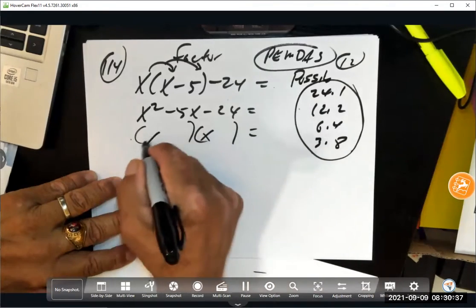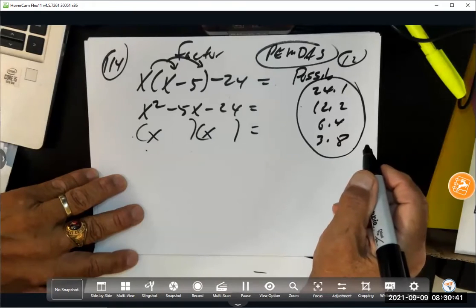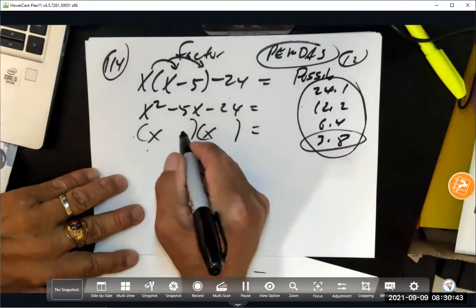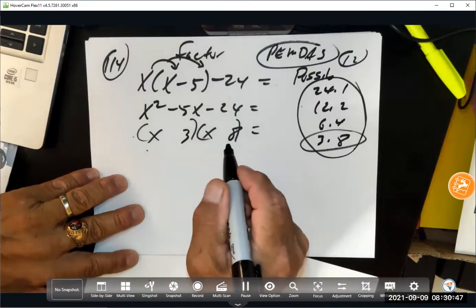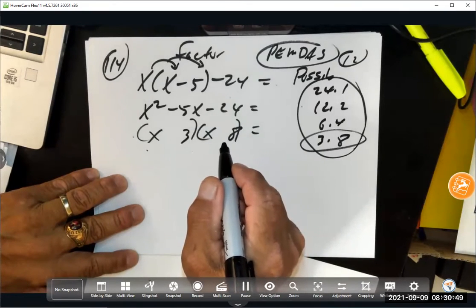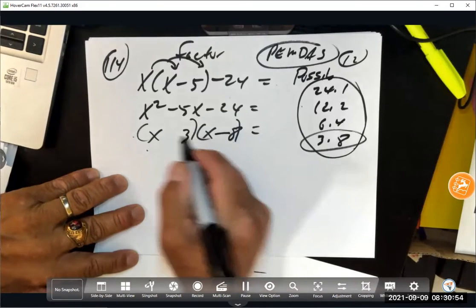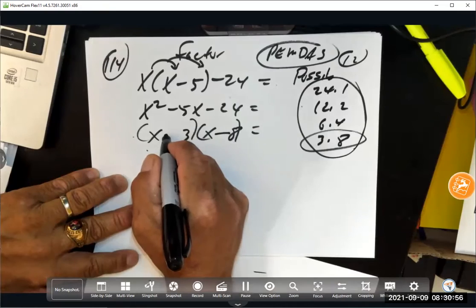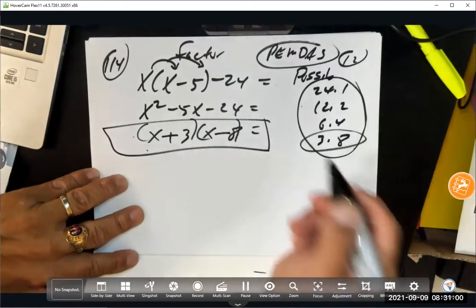So what do you think? Which one? 3 and 8. And what about the sign? Where does the negative go? With the 8. What about the other one? Positive. Okay, so let me say this is the answer right here in the box.